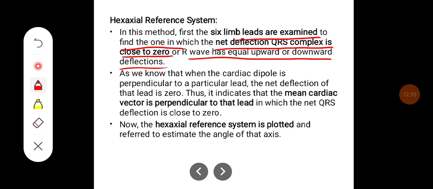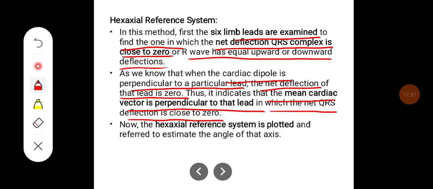As we know, when the cardiac dipole is perpendicular to a particular lead, the net deflection of that lead is 0. Thus it indicates that the mean cardiac vector is perpendicular to the lead in which the net QRS deflection is close to 0. Now the hexaxial reference system is plotted and referred to estimate the angle of the axis.